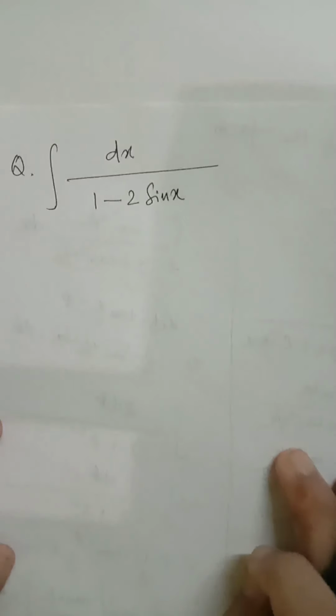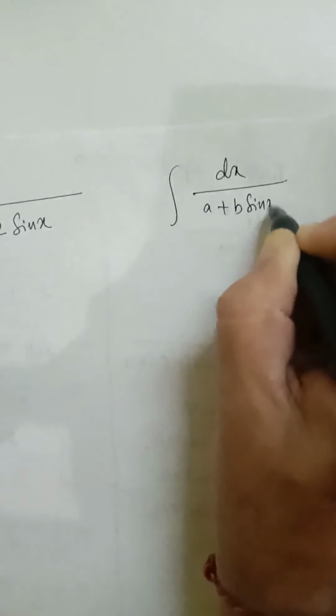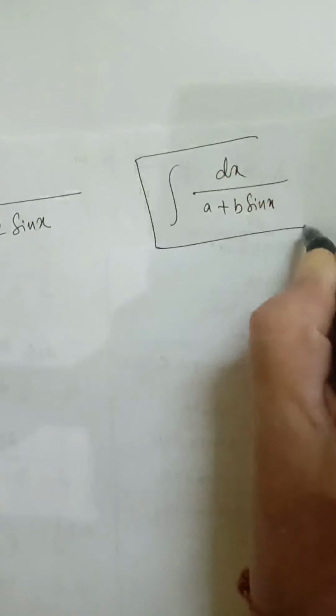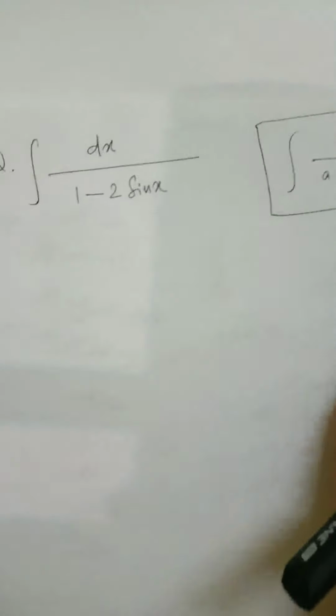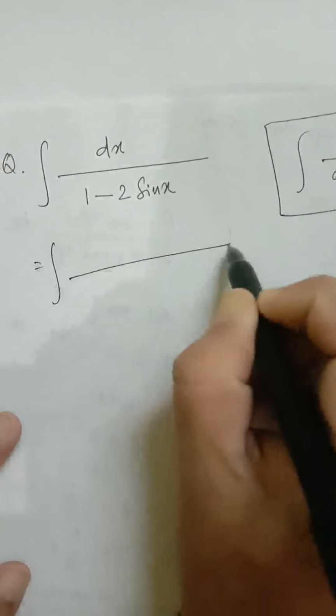Next question is to integrate dx by 1 minus 2 sin x. Clearly this is of the form dx by a plus b sin x. So before integrating, we will write the formula for sin x in terms of tan.